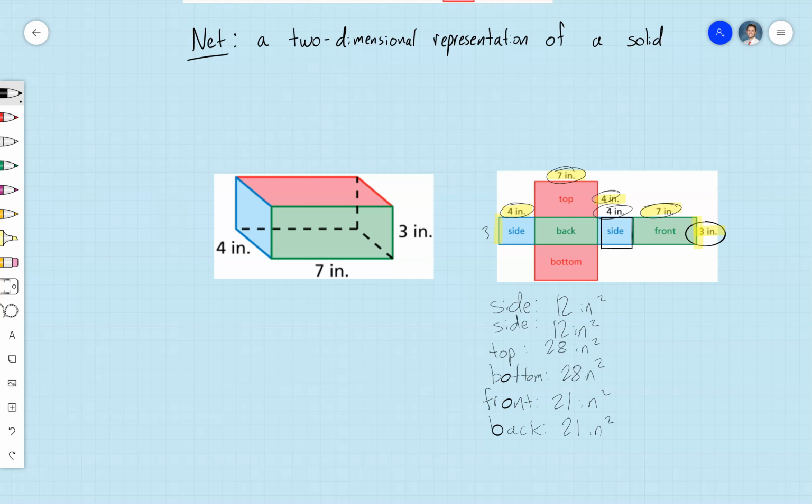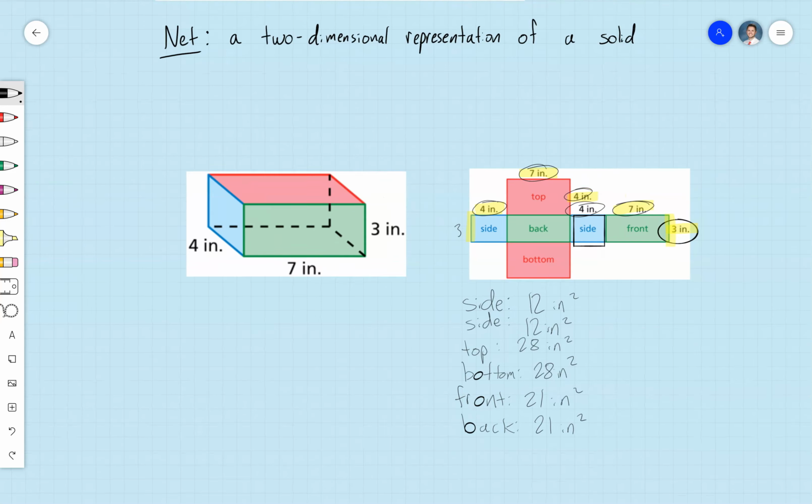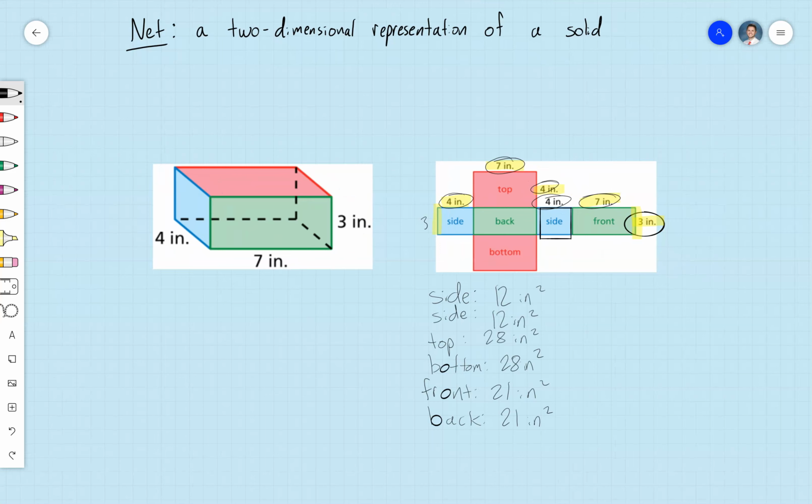If we wanted to know the surface area of this rectangular prism, we can add these 6 areas together. So we have 12 plus 12 plus 28 plus 28 plus 21 plus 21. We've got 2 plus 2 is 4, plus 8 is 12, plus 8 is 20, plus 1 is 21, 22.